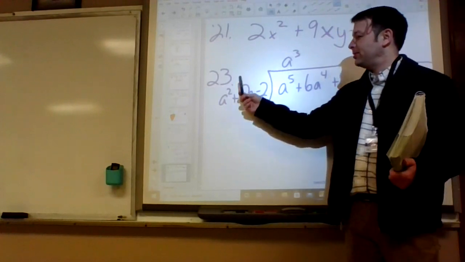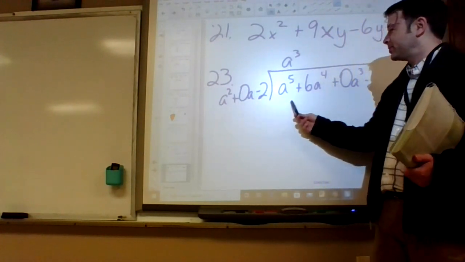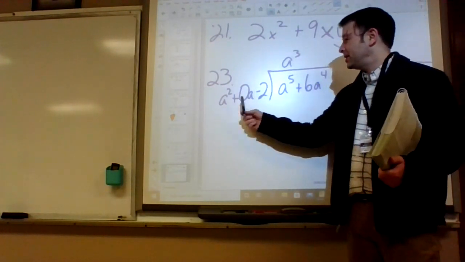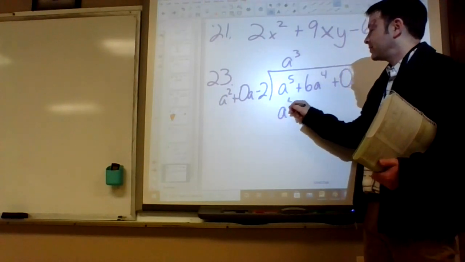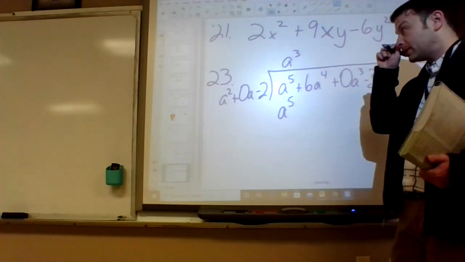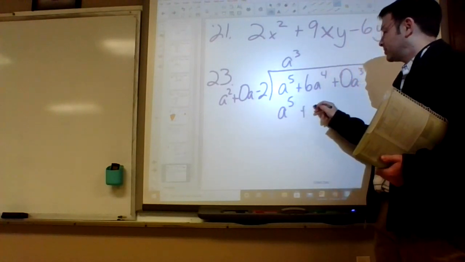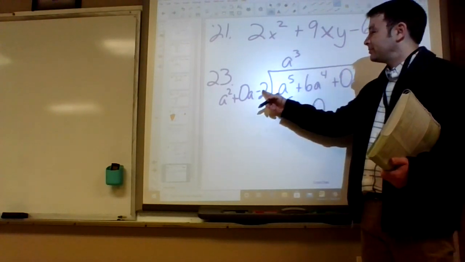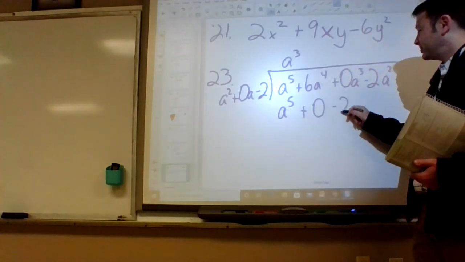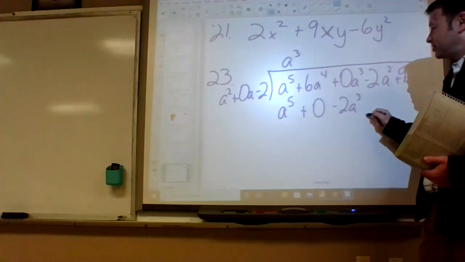So then I'm going to do a cubed times all of this and put it down below. a cubed times a squared is a to the 5th. If those first two don't match up, you did something wrong. a cubed times 0 is just going to be 0. a cubed times minus 2 is minus 2a cubed. Okay, here's the tricky part.